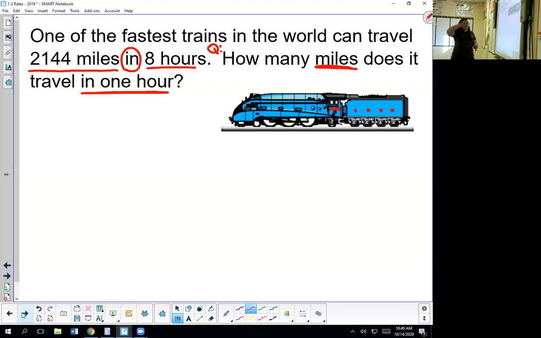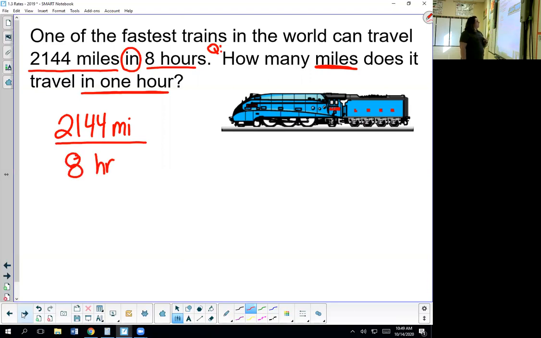So miles in 1 hour, miles in 8 hours. Okay, MI is for miles, MIN is for minutes. So I want to know how many miles they can go in 1 hour.